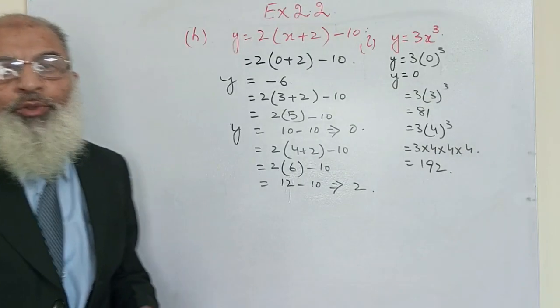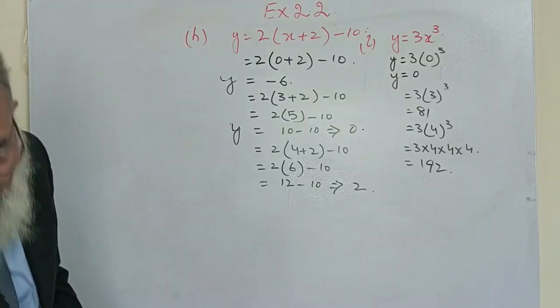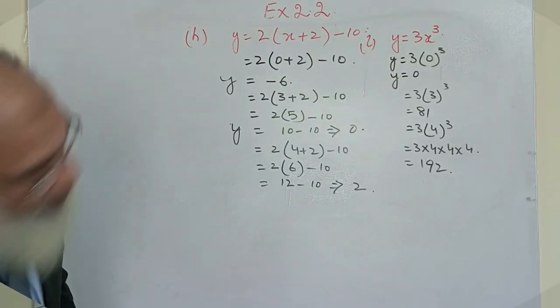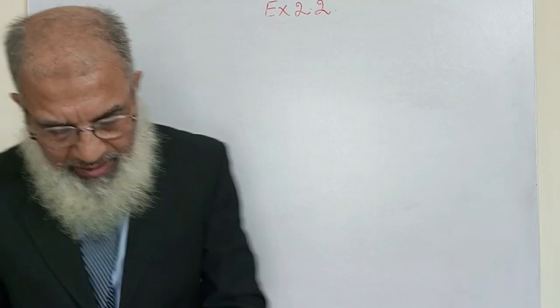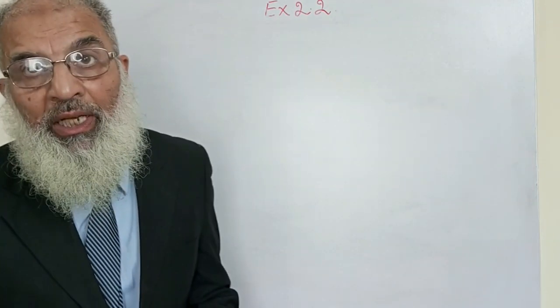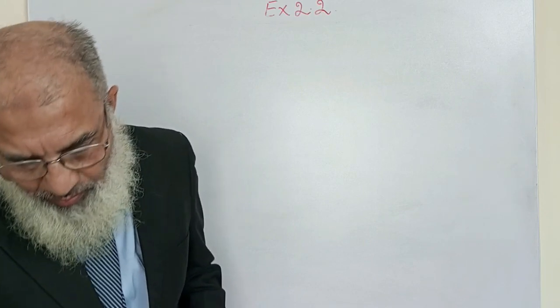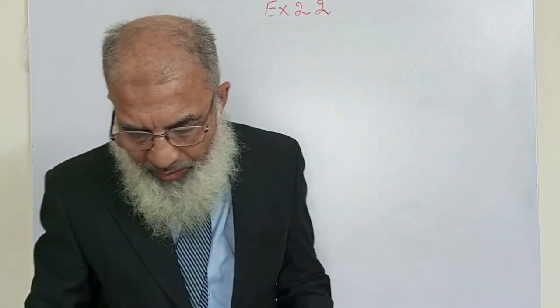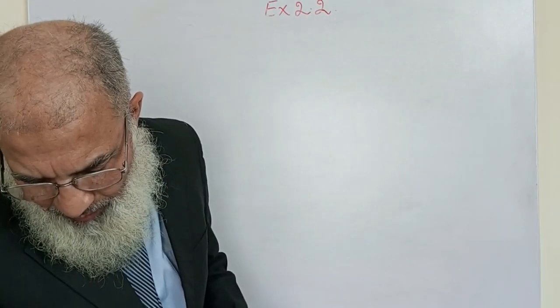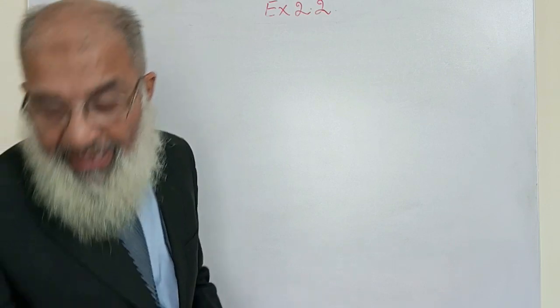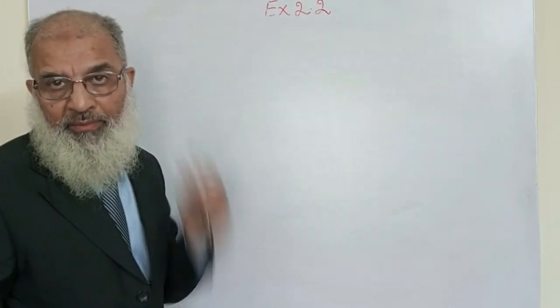Now we'll proceed to question number 4. Question number 4 says that a sandwich costs $3 and a drink costs $2. Write an expression to show the total cost of buying X sandwiches and Y drinks.